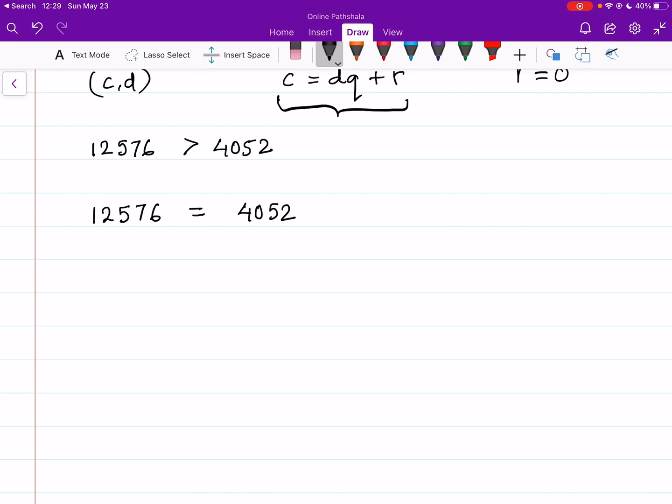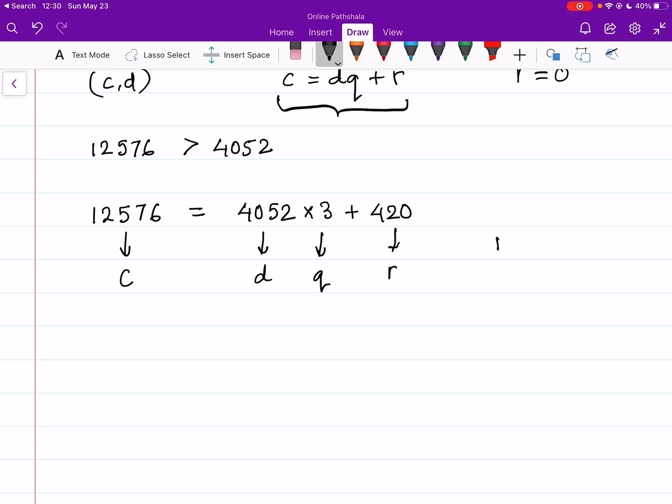You can see 4000 times 3 is about 12,000, so we'll try times 3. When we add the result to 420, we get 12,576. So this is the number C, this is the number D, this is Q, and this is your remainder R.